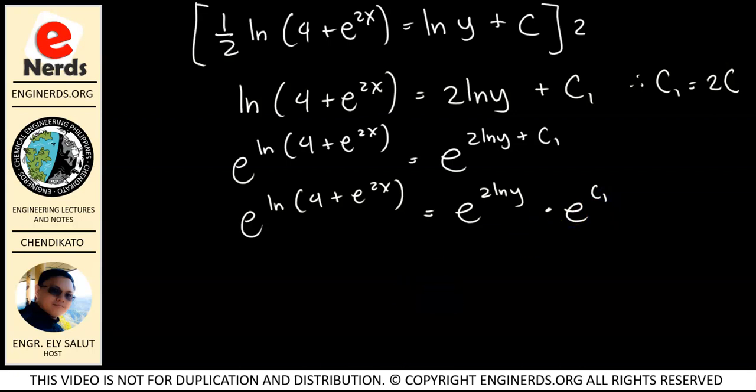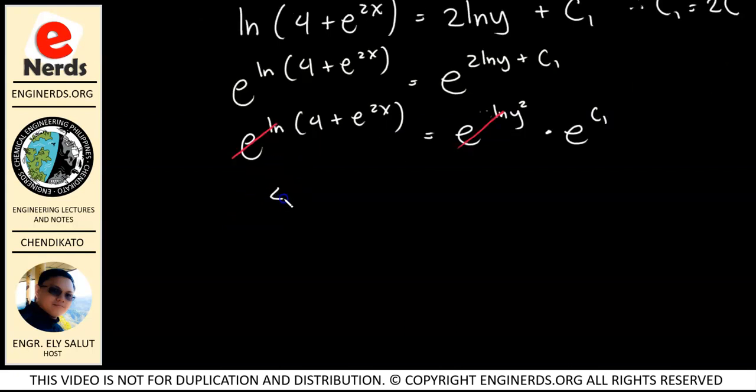Okay, but you know, I'm going to simplify this further. I will remove these 2 in here using the property of logarithm. Then that will be an exponent ng ating y. So I will have ln y squared, no? Para madali yung ating computation. So we know that this can be removed and this can be removed.